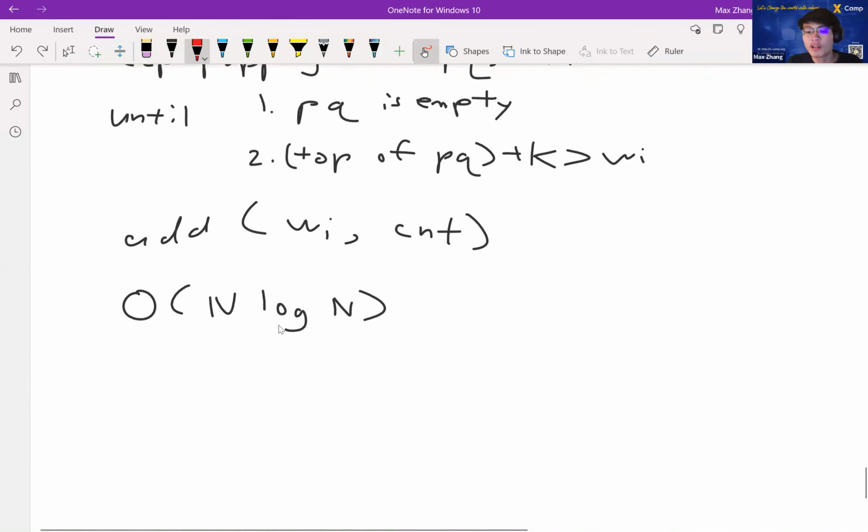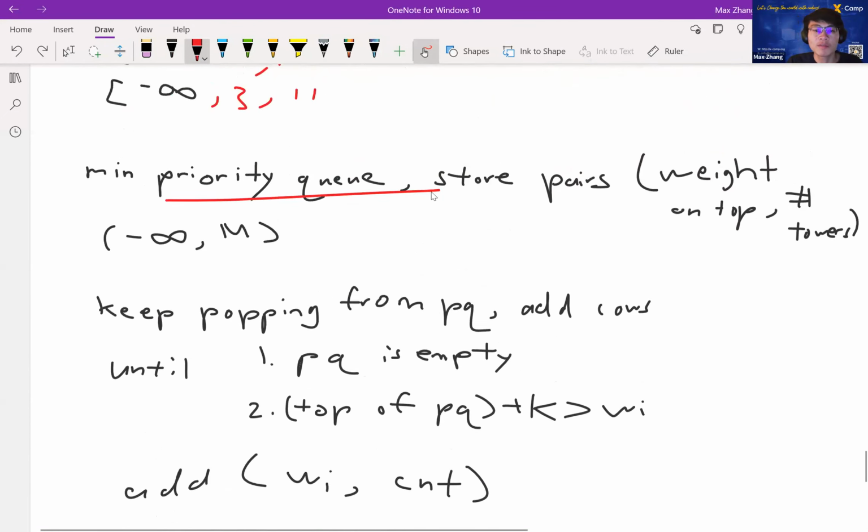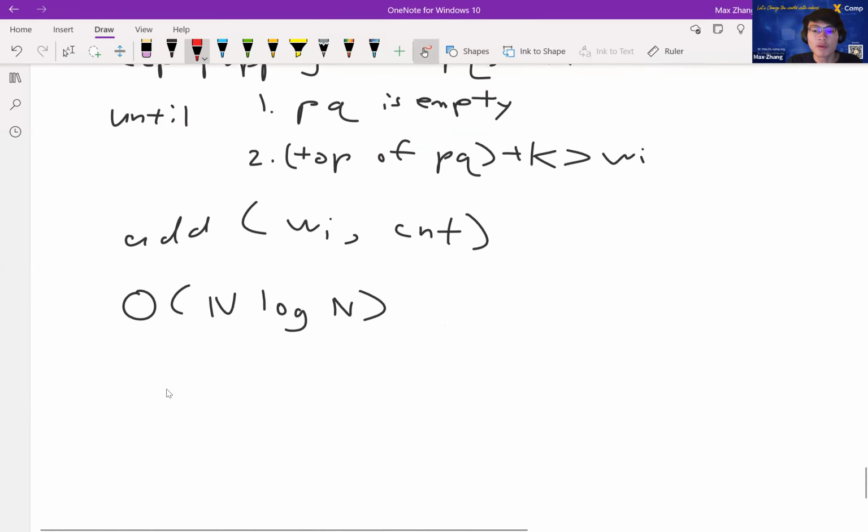So actually, you are correct that we could substitute this priority queue with some sort of two pointers instead, where basically you have one pointer for the next tower to add to, and then you have one pointer for the current weight.